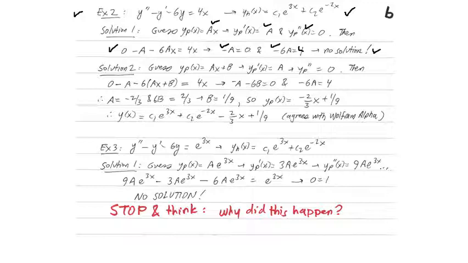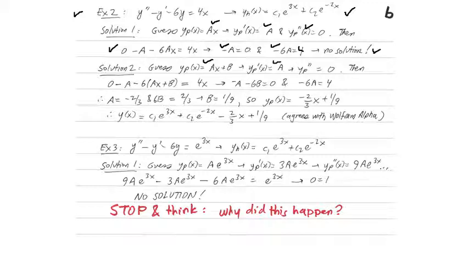So in solution 2, we're going to try an initial guess in a little bit broader category of functions. Instead of ax, we're going to try ax plus b. The idea here is once we start taking derivatives, we're going to have constant terms showing up, so we account for that possibility right at the beginning.